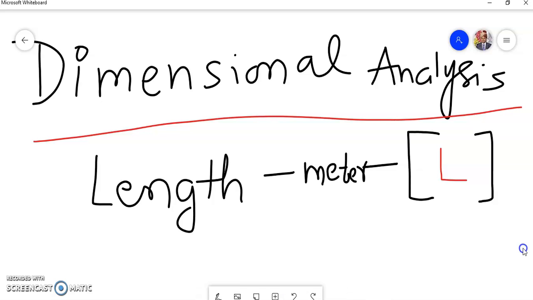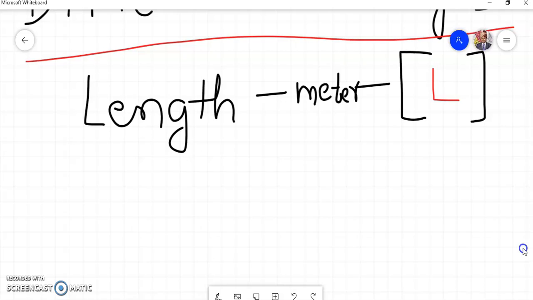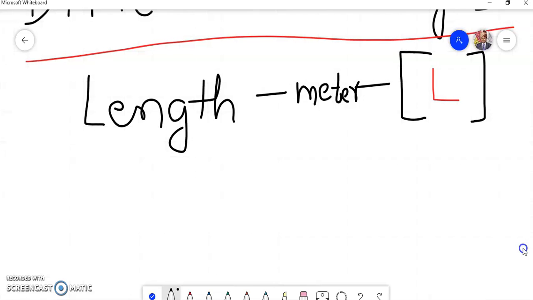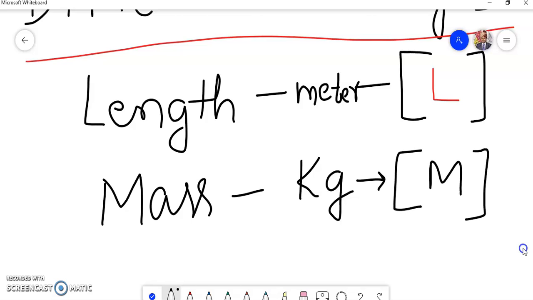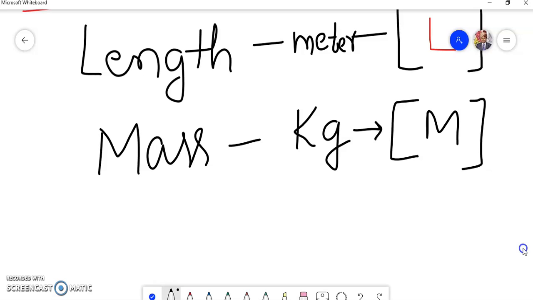First fundamental quantity, length. Next one is our mass. Its unit is kg, and it is expressed as M. Then third is your time.